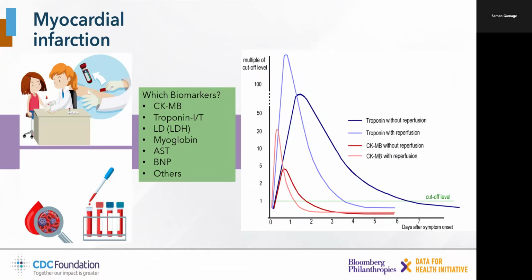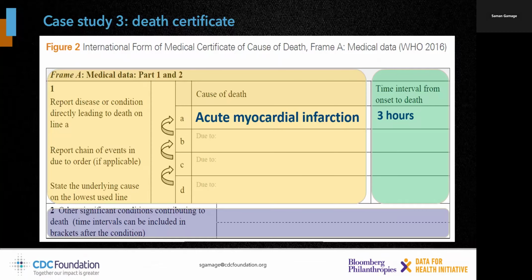These enzyme levels direct us to the diagnosis of myocardial infarction due to myocardial damage. So in this case, the patient did not have any other illness. There is only one condition reported in part 1, acute myocardial infarction, and the time interval from onset to death is 3 hours.